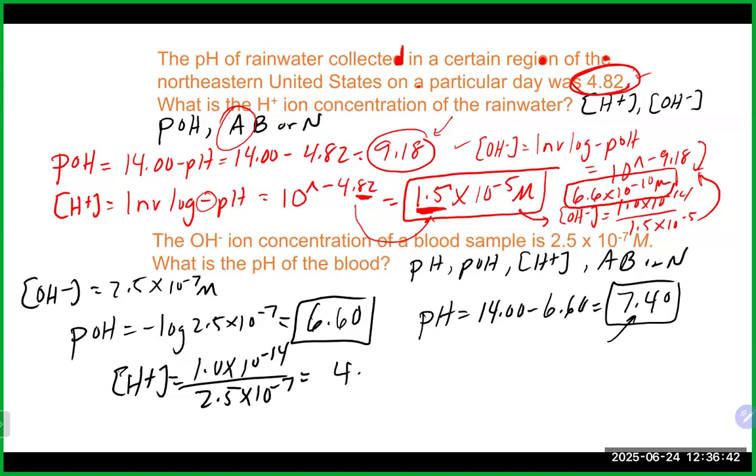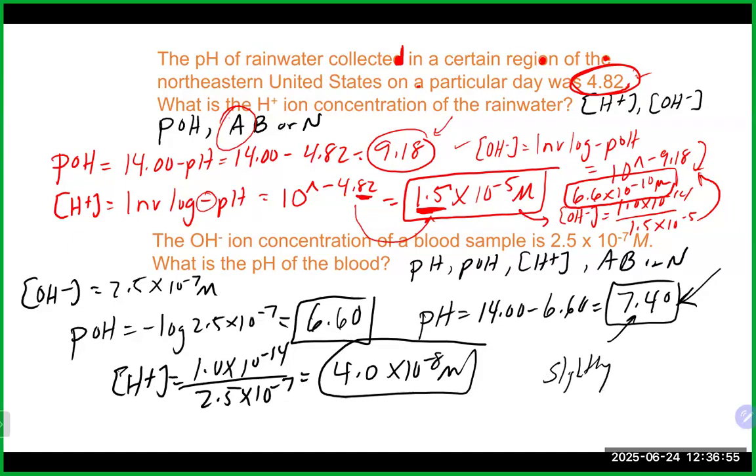Looks like 4.0 times 10 to the minus 8 molar would be our choice. Again, looking at the pH, slightly above 7 there. So it's going to be slightly basic. Any questions on any of those there?